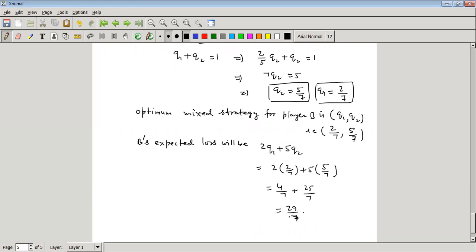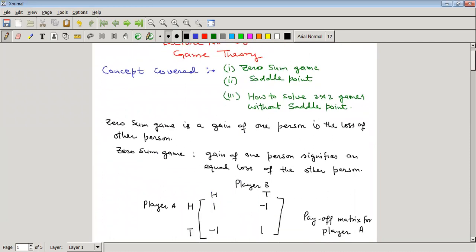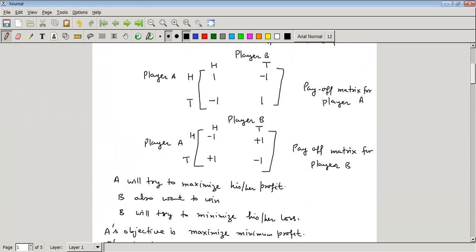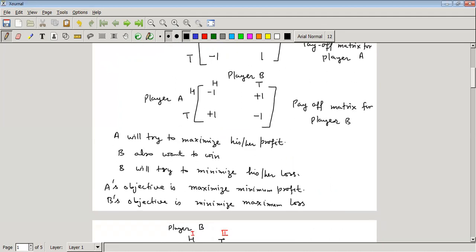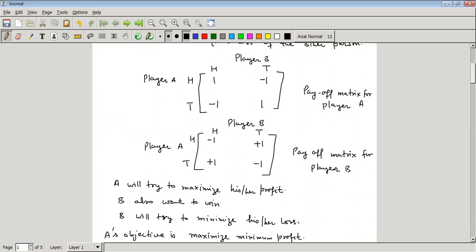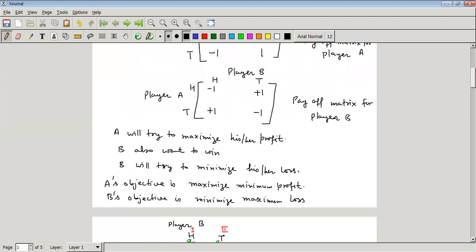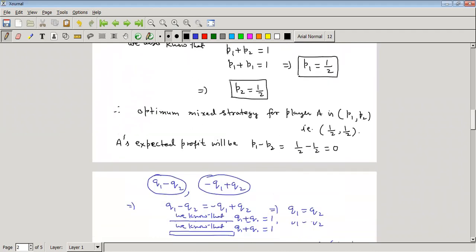So in this lecture we have discussed what a zero sum game is and how we can solve a zero sum game without a saddle point. This game that we discussed also has no saddle point. So how can we solve this? How many times player A plays strategy 1 and strategy 2, how many times player B plays strategy 1 and strategy 2, and how we find the saddle point of the game.